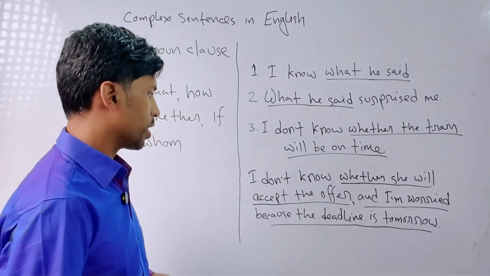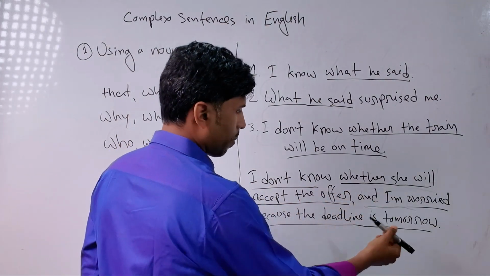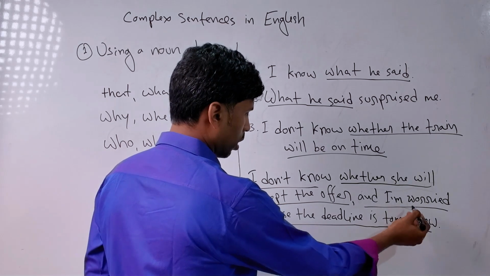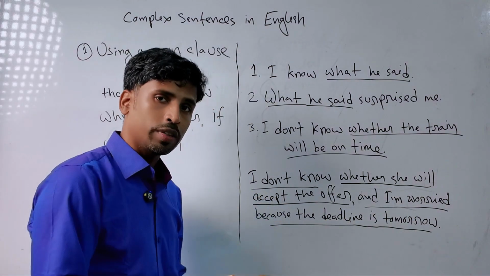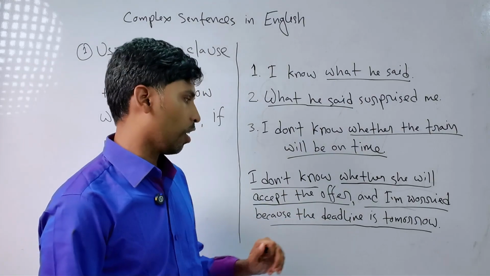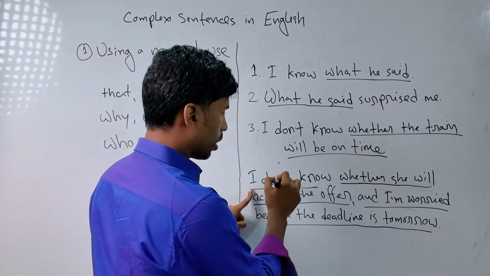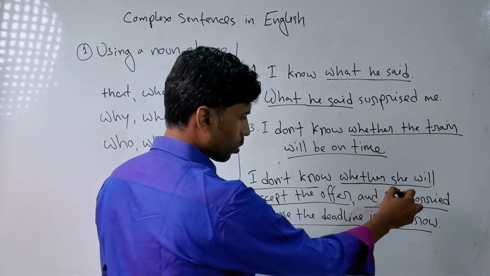Okay, so in this sentence we can see that this is one clause and this is another, and this is yet another, and this is yet another, but not all of these are independent clauses. Likewise, not all of these are dependent clauses. Okay, so this one is an independent clause. So independent clause, and this is also an independent clause.